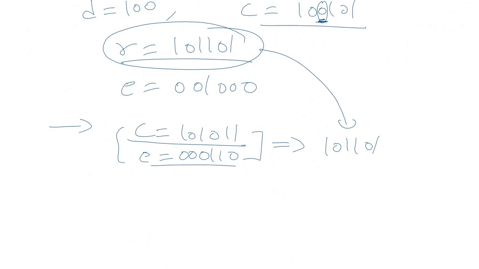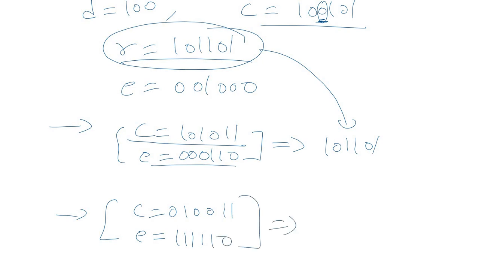Also we can see that if C is equal to 010011 and the error word is 111110, again you will see that the received vector R will be 101101, which is again the same. So there are 8 possible error vectors.